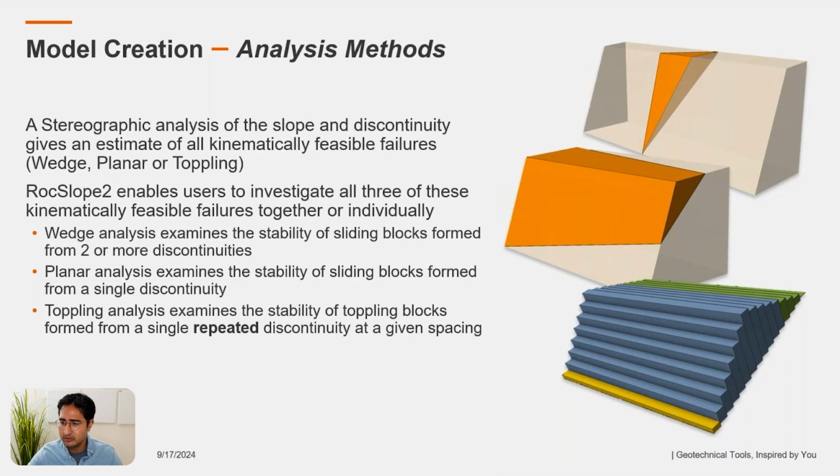So as mentioned earlier, a kinematics analysis is performed in DIPS, and that allows users to peer into the propensity of failure, whether it be a wedge, planar, or toppling failure. And starting the model creation process in RocSlope2 entails selecting which one among these kinematically feasible failures needs to be taken into consideration. So a wedge analysis examines the stability of sliding blocks formed from 2 or more discontinuities.